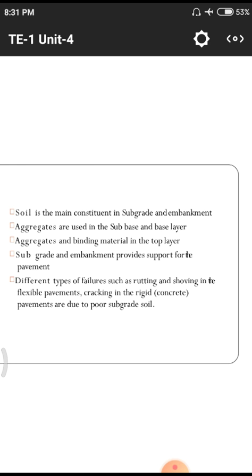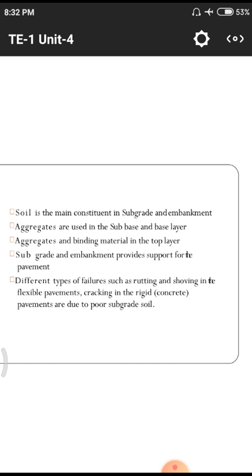If we heat a particular material and continuously apply a force, the material deforms. Likewise in the summer season, particularly for tar roads, that means flexible pavements, there may be some length of deformation due to vehicular movement as well as the temperature increase. So we have to use different features for controlling those kinds of problems.